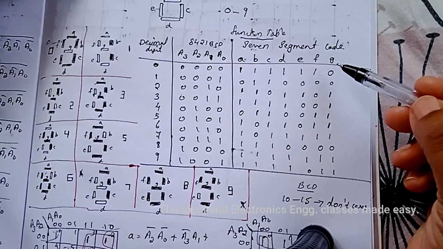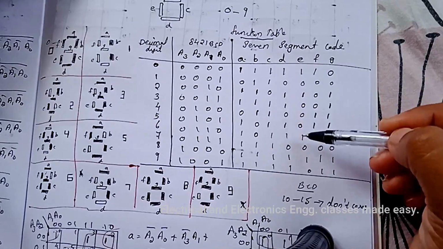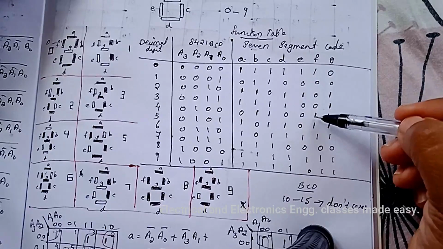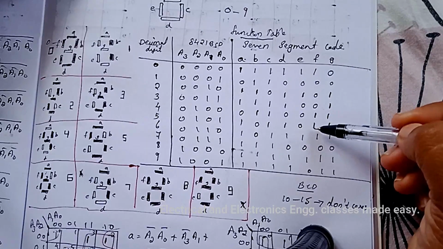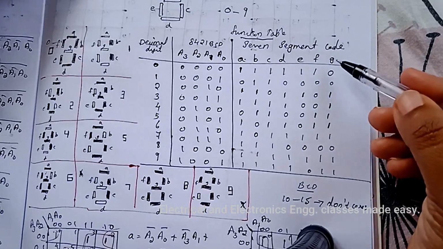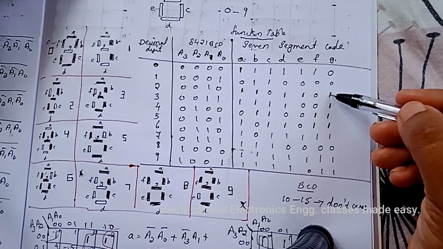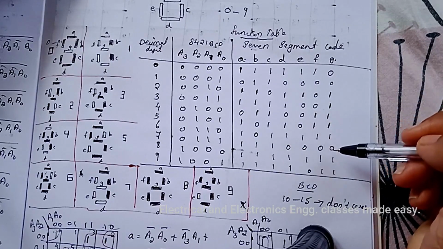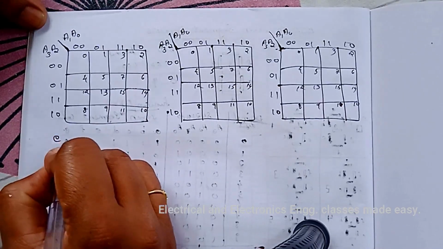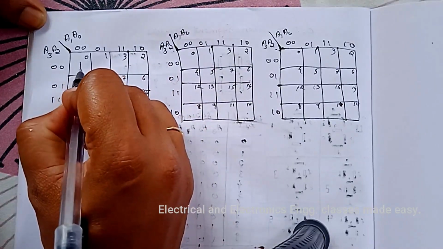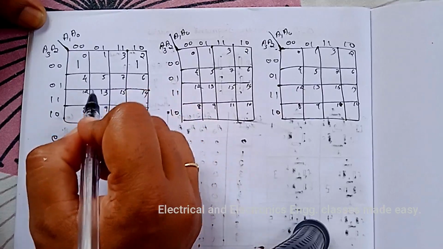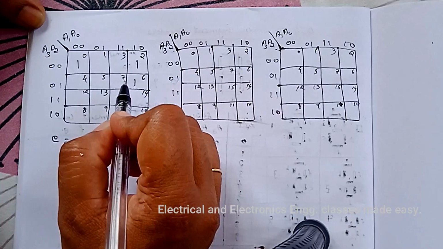Next is EFG. For E, 0, 2, 6 and 8 are present, and for F, 0, 4, 5, 6, 8 and 9 are present, and for G, 2, 3, 4, 5, 6, 8, 9. So for E, 0, 2, then 6, 8.